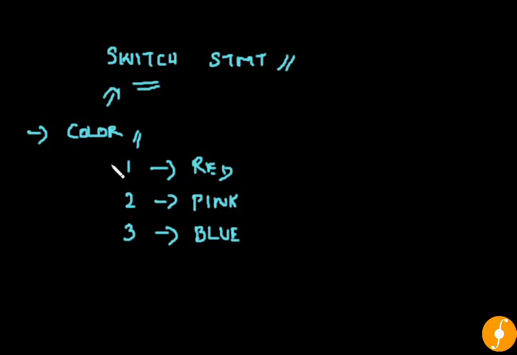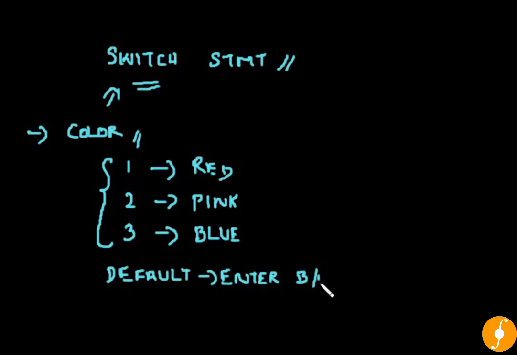If the user has entered a value other than these three values, you can give a default message using the default block asking him to enter a value between 1 to 3.